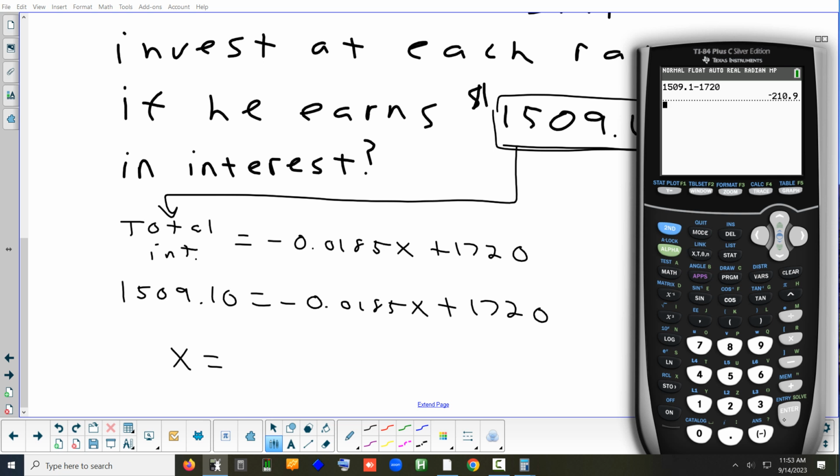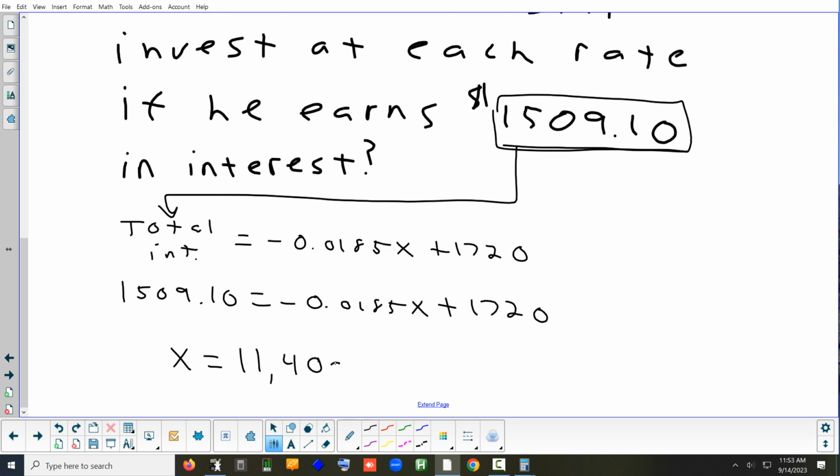So we move the 1720 to the other side, and then you divide by the negative number, which is going to turn the answer positive because you don't want to get a negative amount of money. That wouldn't make sense. So divided by negative 0.0185. So Bill invested $11,400 in the X.